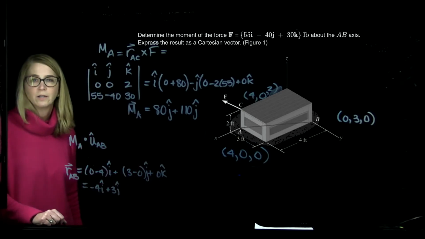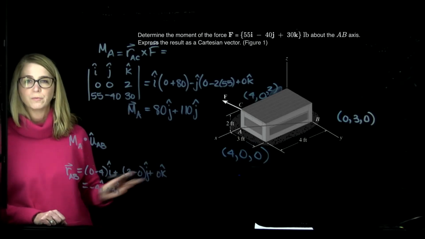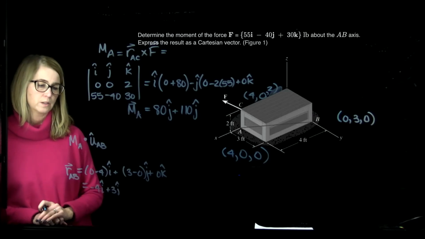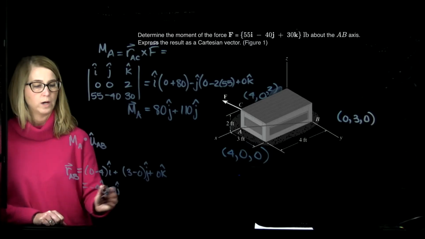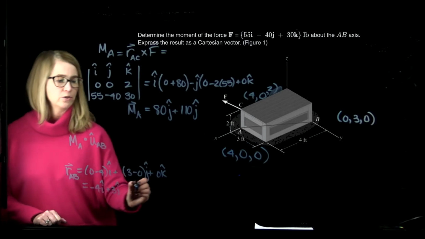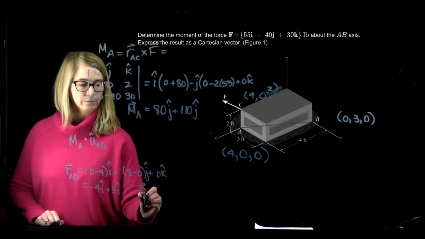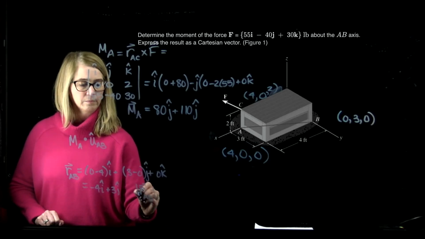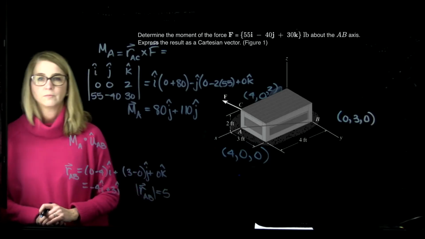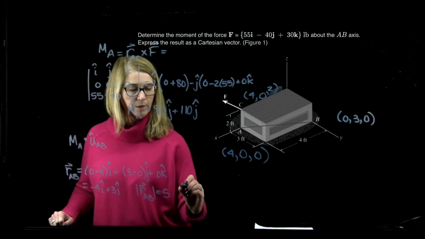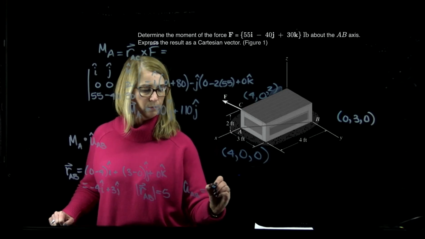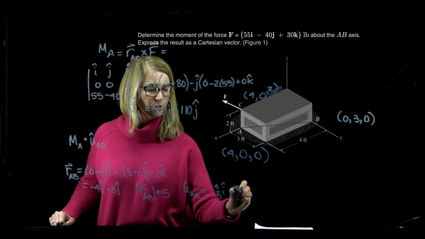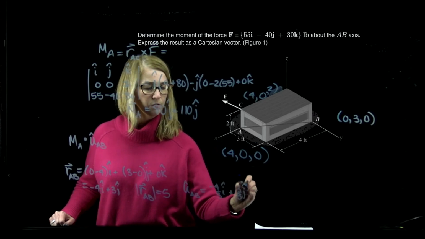And so I end up finding that the vector that goes from A to B has components of -4 in the x direction and 3 in the y direction. The magnitude of that vector is 5. And so the unit vector AB is going to be -4/5 i plus 3/5 j.